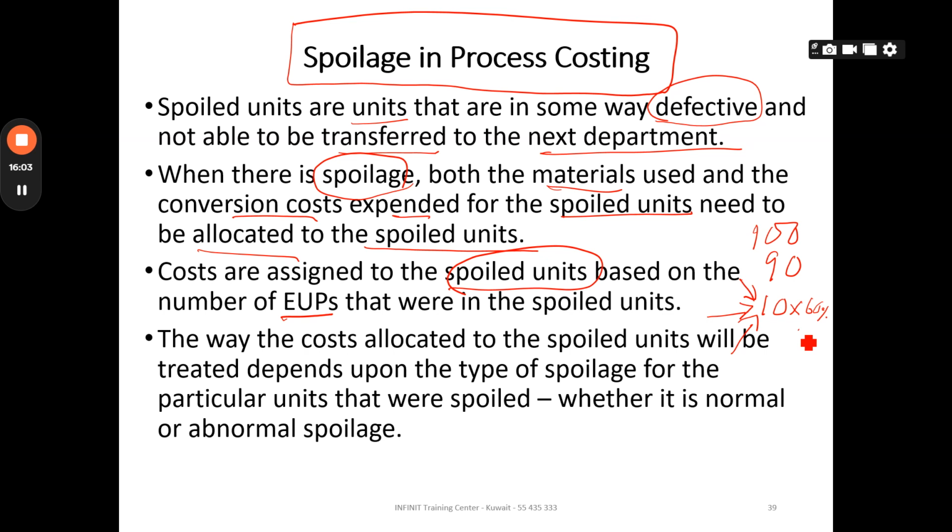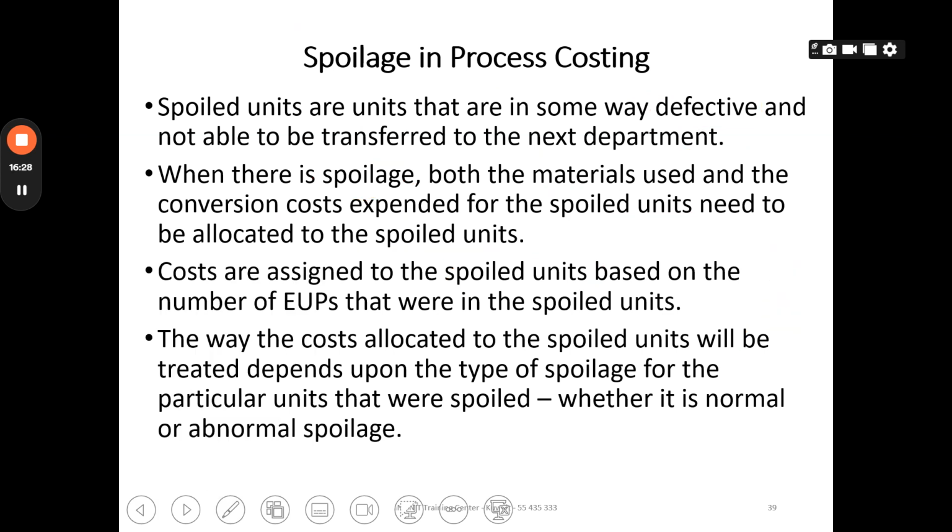So we can say the EUP for these spoiled units is 6 units. So what we have to do is calculate the total cost and allocate the cost per EUP to these 6 units also. So some cost will stay in spoiled units, and from the spoiled units, it will go to the cost of the good units produced.